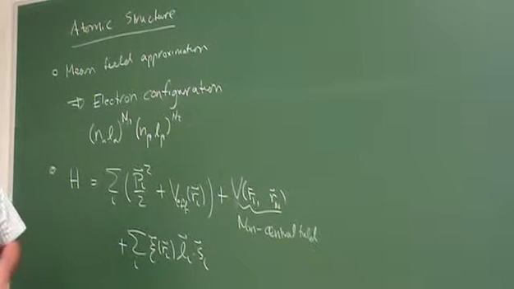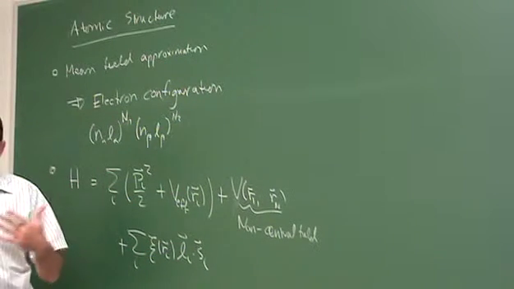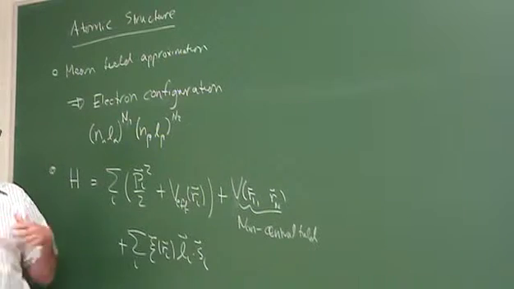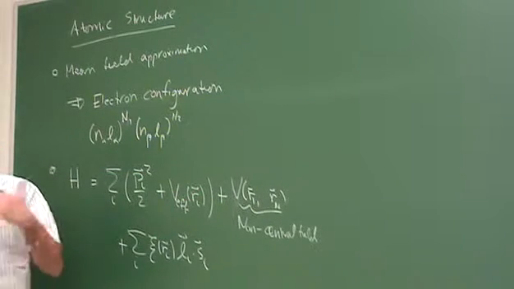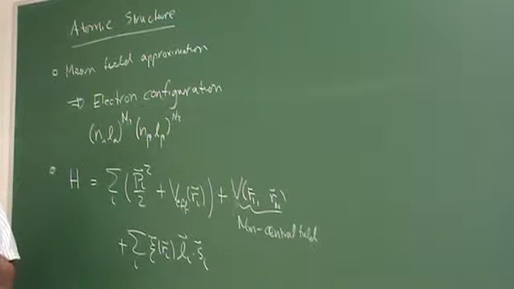We didn't actually calculate what the strengths of those perturbations were, but we described, depending upon which of these perturbations were big, what the effective good quantum numbers describing this many electron state would be. At this level of description, all we really know is the only really good quantum number is the total angular momentum, J, and then some projection along some axis. But what the other good quantum numbers are depends on the level of description.